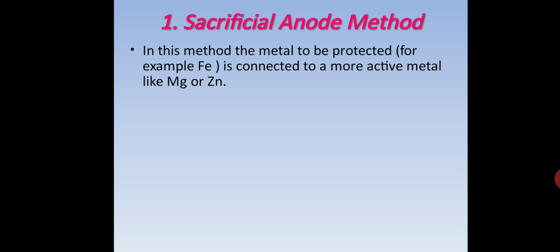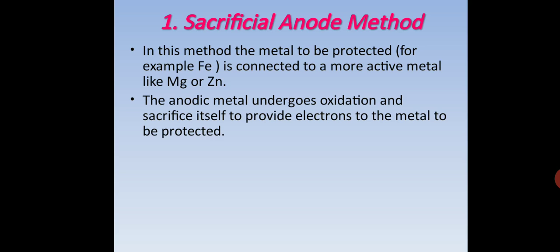In this method, the metal to be protected, for example Fe, iron, is connected to a more active metal like magnesium or zinc. The anodic metal undergoes oxidation and sacrifices itself to provide electrons to the metal to be protected.